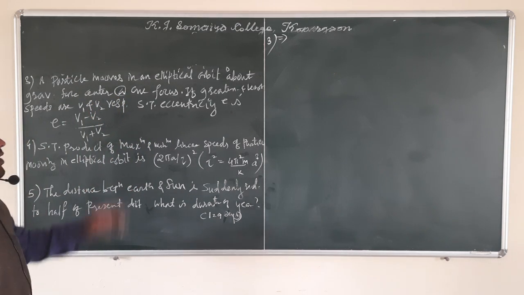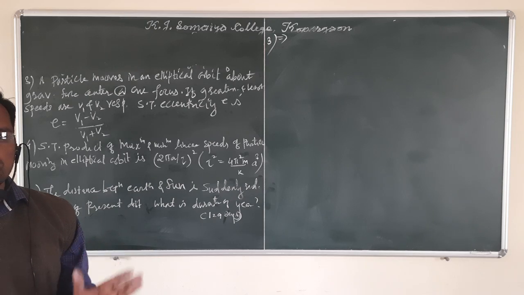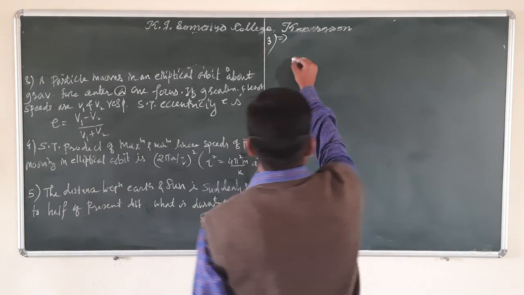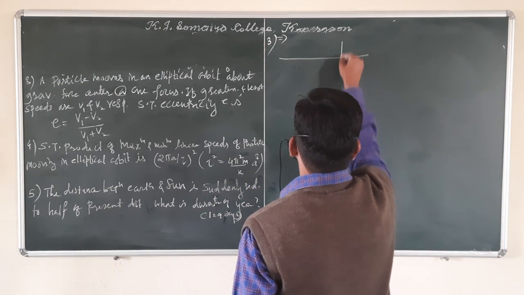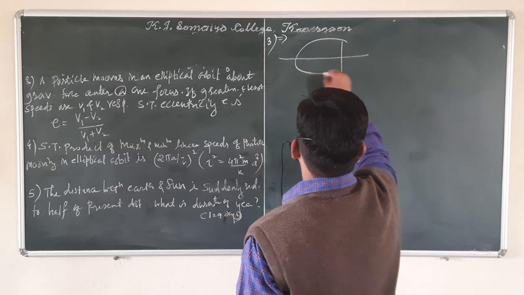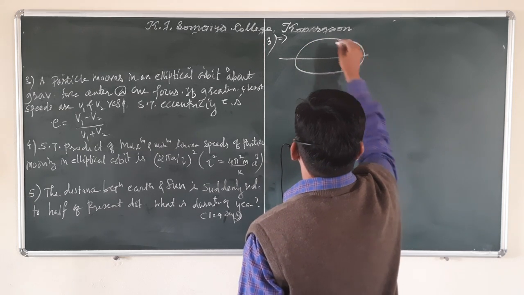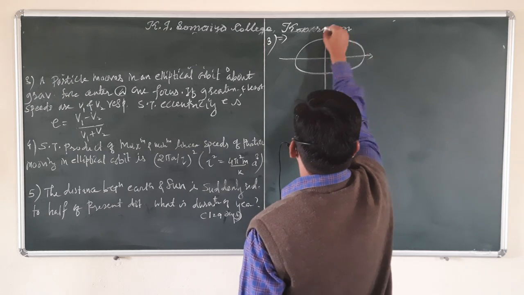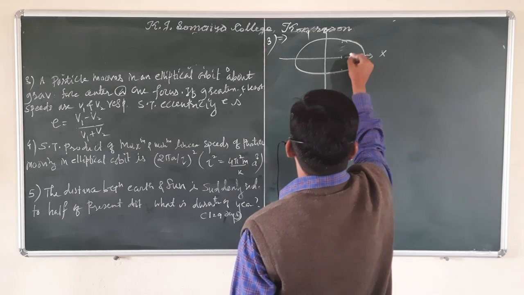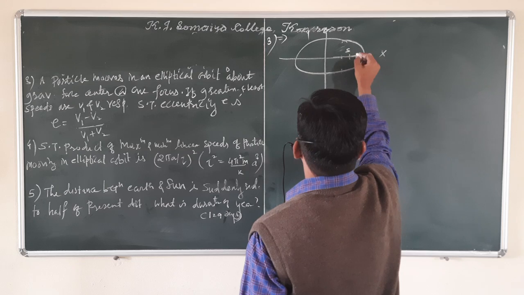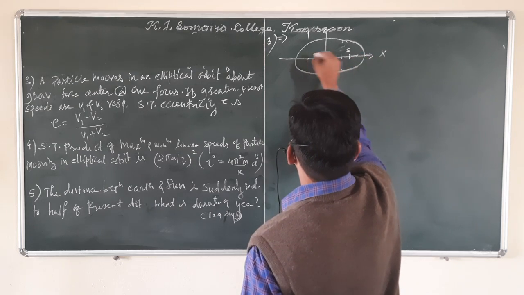So we know that from the first law, every planet moves around the sun in an elliptical orbit. So we can draw that like this. Suppose this is the ellipse. Here we have one of the foci, and here we have another focus.